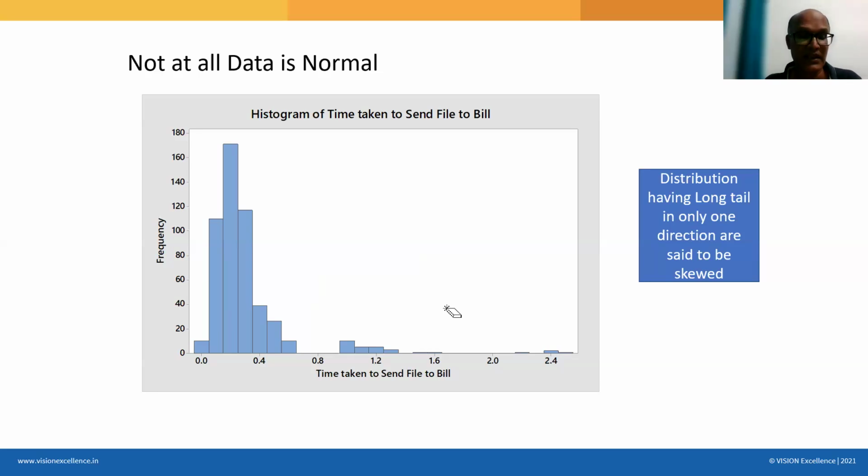So what is the meaning of this data? It is positively skewed. See, the time taken to send a file to Bill: many bills arrived within this time, but many came very late. If it is symmetrical, either the right side or the left side will be the same. But here many bills were received in this time, and only a few are like this.